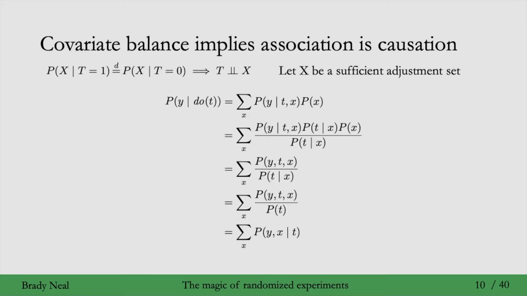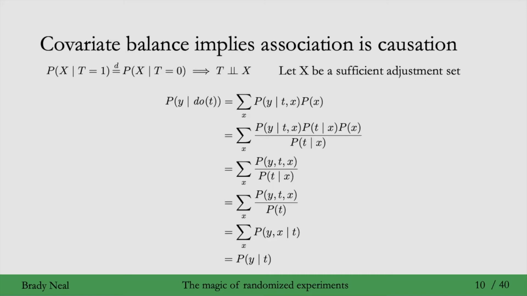Then using Bayes' rule, we get this. And finally, we can marginalize out X to get P of y given t. So we've started with covariate balance and proved that it implies that association is causation, assuming that the covariates that we've balanced are a sufficient adjustment set, which is the case with randomization because randomization balances all covariates.